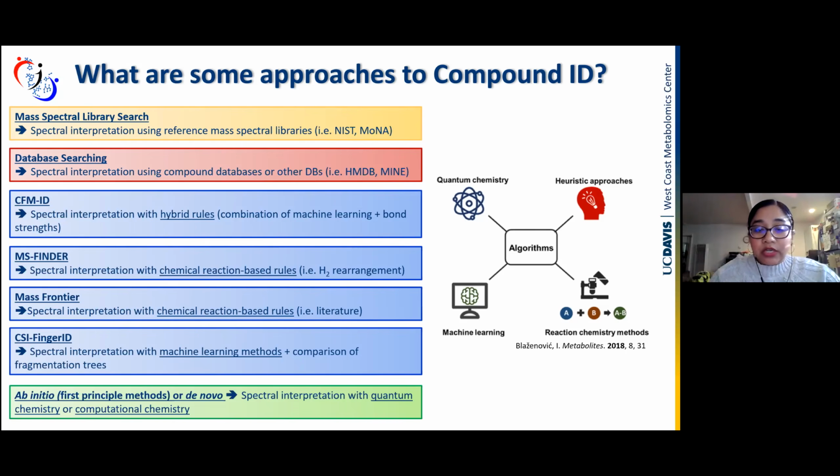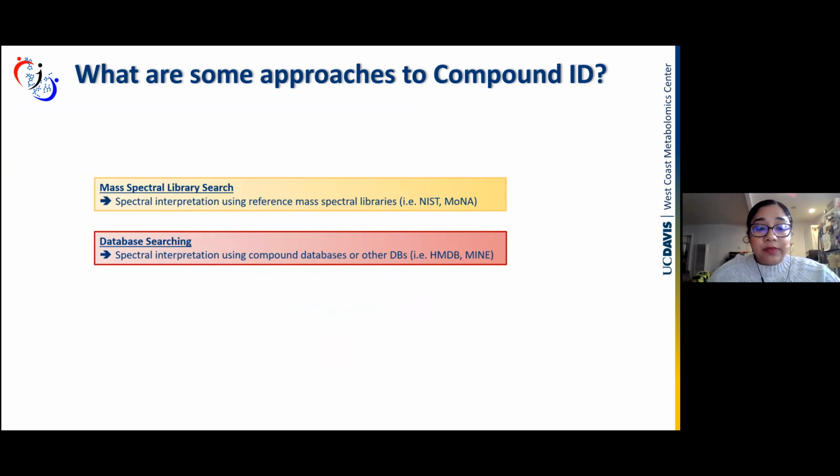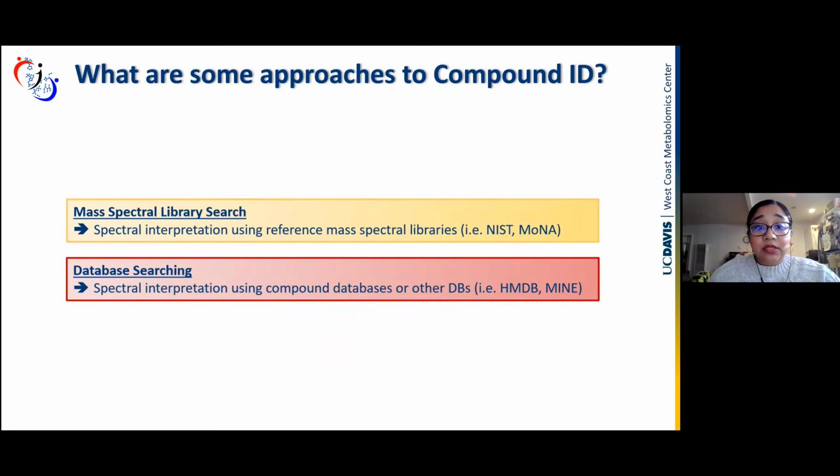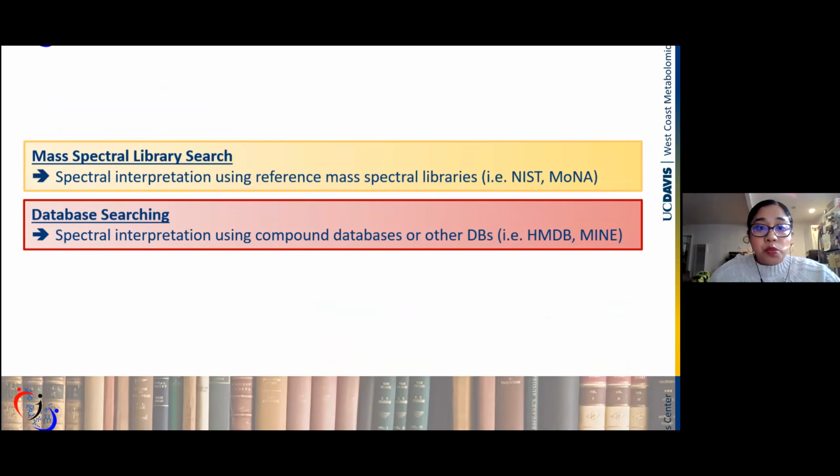We learned about some reaction chemistry methods, such as hydrogen rearrangements, or those from literature, to really produce some of these smart algorithms to interpret your MSMS data. But what we're here to talk about and learn about is the mass spectral library search and database searching that takes place in metabolomics research.